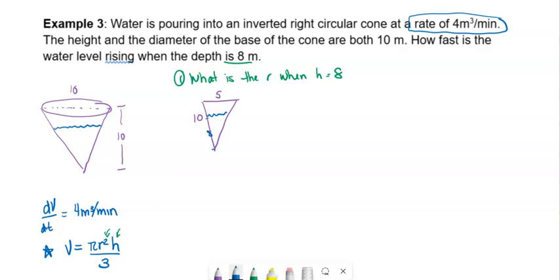If you look at this, you can see that this is actually a similar triangle, and we can see a relationship here that's going to be helpful. If the height is only 8, then the radius is only 4. And the radius is always going to be 1/2 of the height because these triangles are similar.